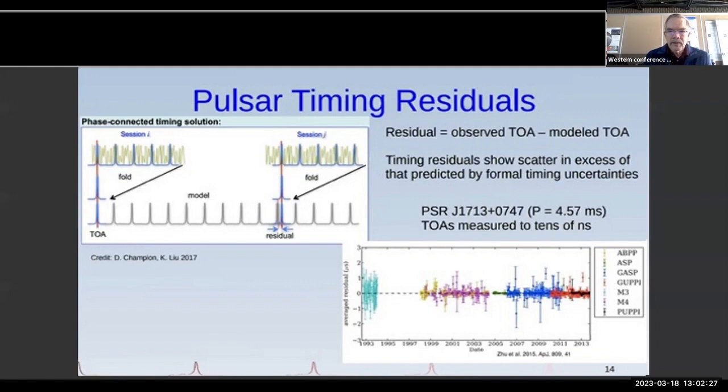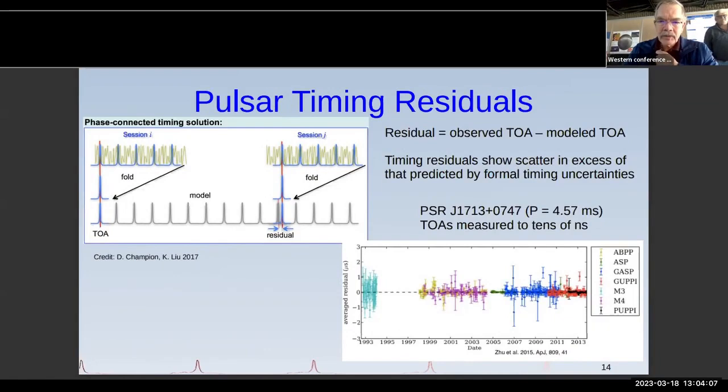The telescopes can't see the pulsar all the time, so you come back a few days later, a week later, you do another observing session, and you do your same algorithm, you do the folding, and you calculate your TOA, and lo and behold, there's a residual. Your model predicted value is slightly different than what you observed.